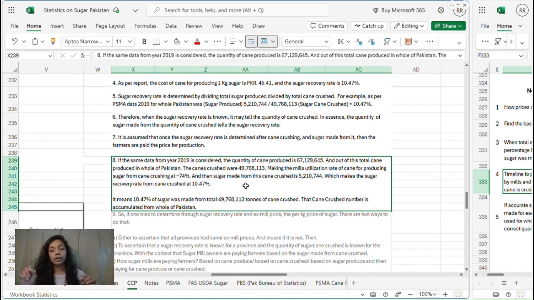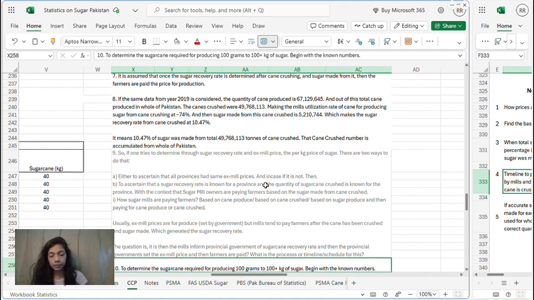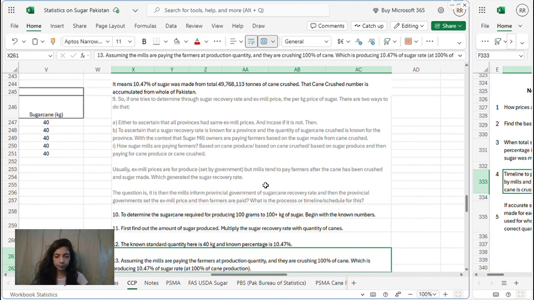And that crushed cane, which is 49 million, makes 74% of 67 million. Then that crushed cane produces sugar in quantity of 5.2 million, and 5.2 million is 10.4% of 49 million. So this was just a simple calculation for understanding purposes.